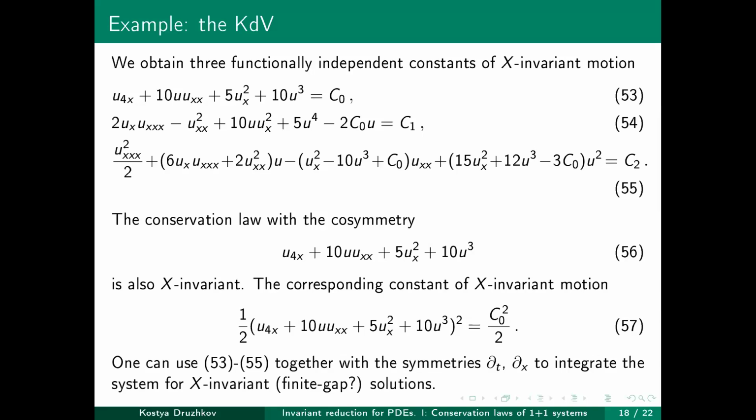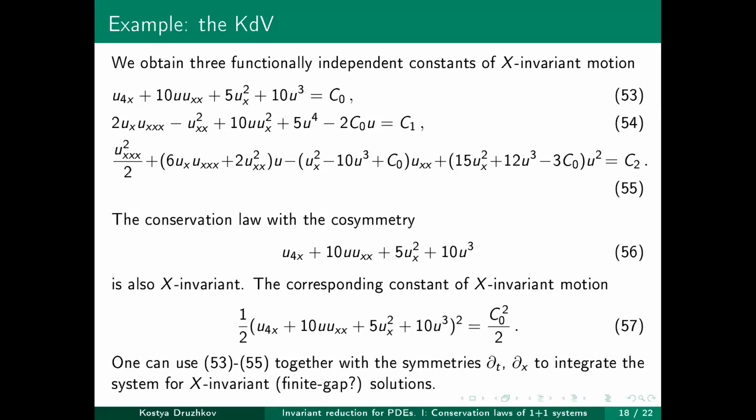Apparently, they are finite gap solutions. I mean, the problem is that I don't know the exact relation between finite gap solutions and invariant solutions. Currently, in this case, they are finite gap solutions, or maybe all invariant solutions are finite gap solutions for the KdV.